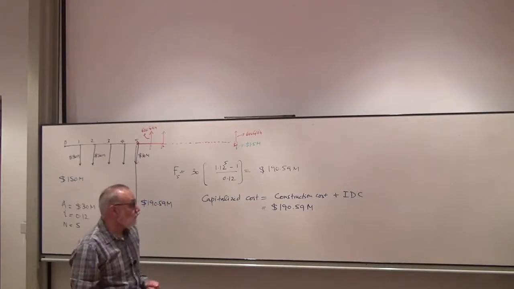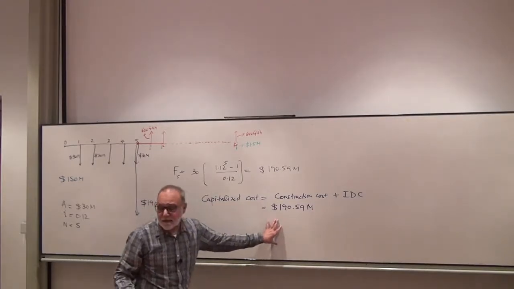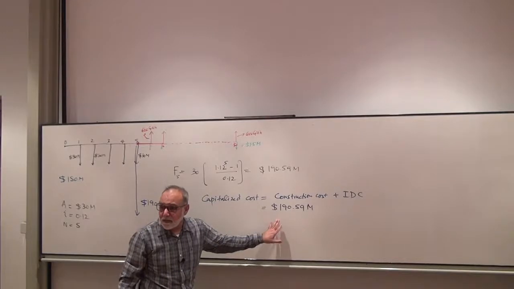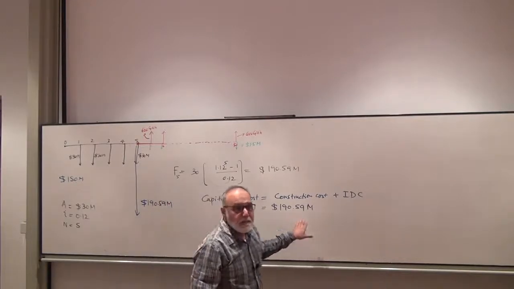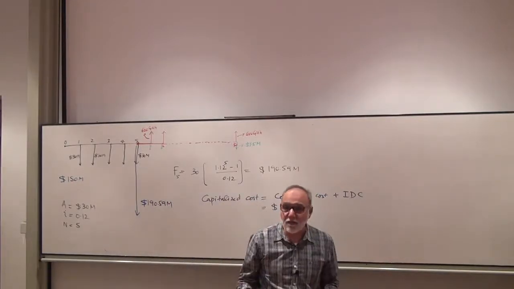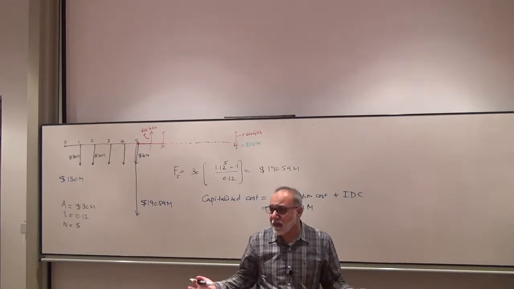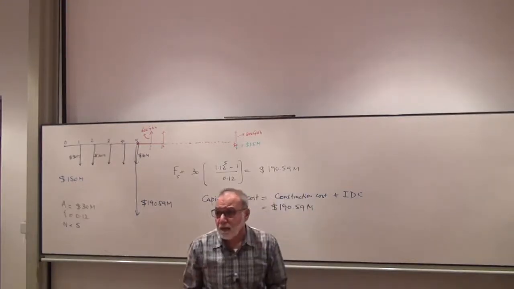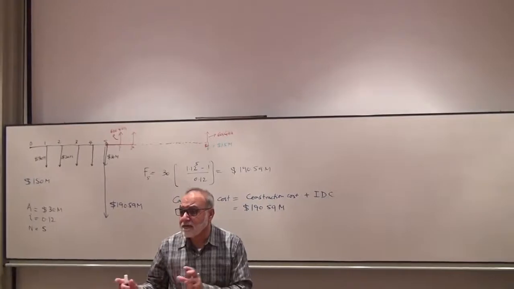Now we have this capitalized cost, and as I said, we can annualize it. How do we annualize? We multiply with the capital recovery factor, and that will give us the annualized capital cost.